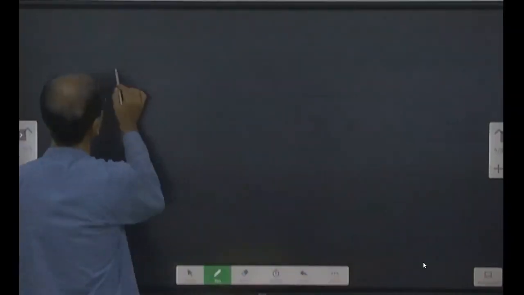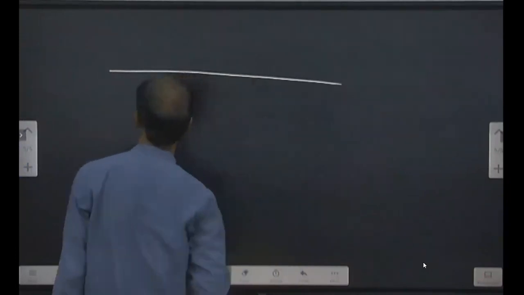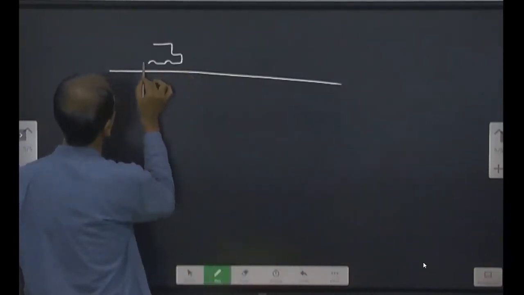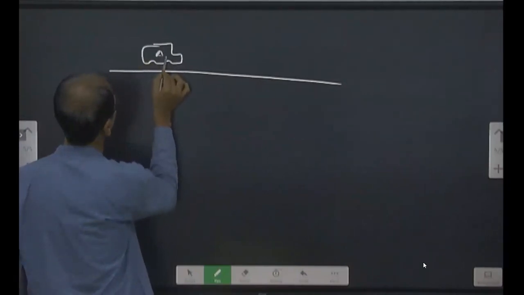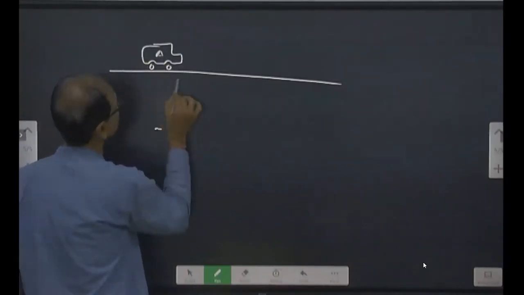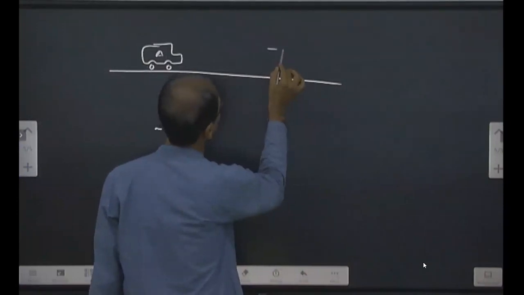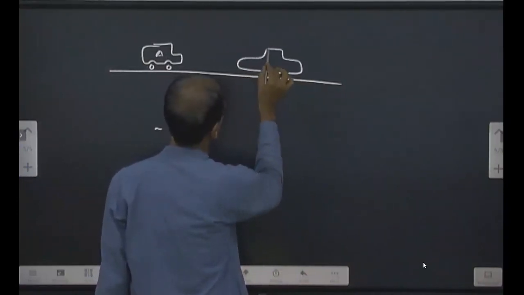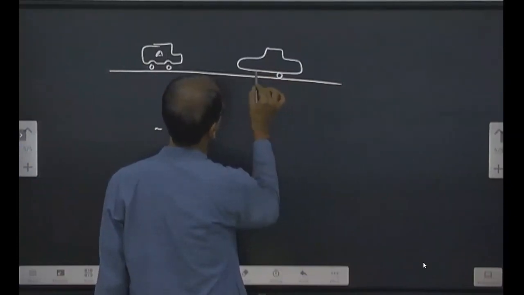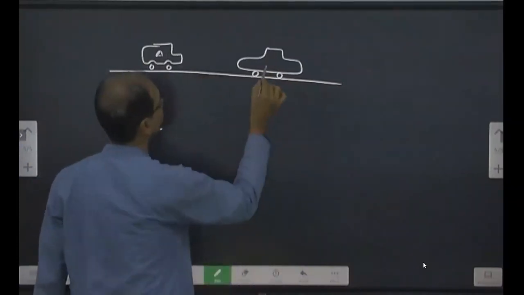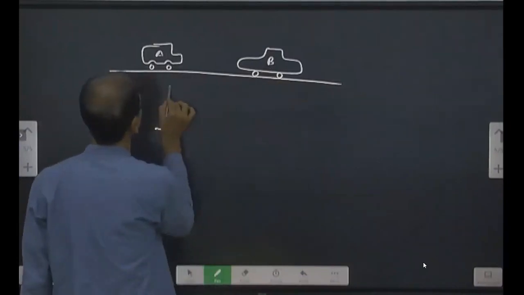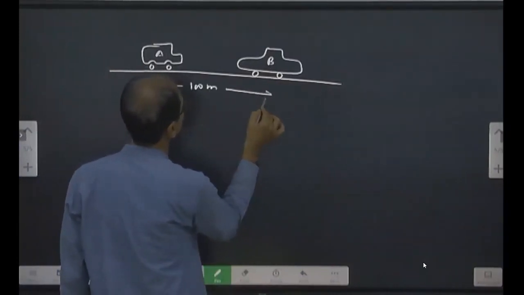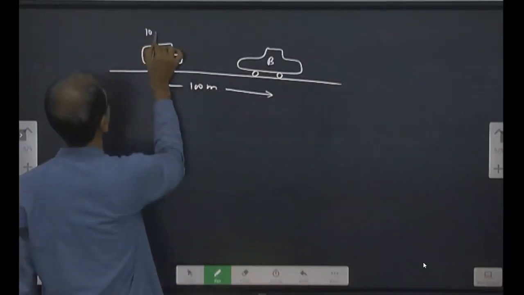Now this time, both the cars will be coming towards each other. This is one car, car A, and another car is over here. This is car B. Let's say the gap between them is 100 meter. This is coming with 10 meter per second.